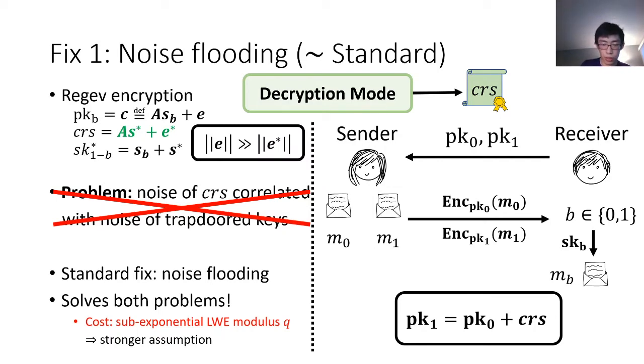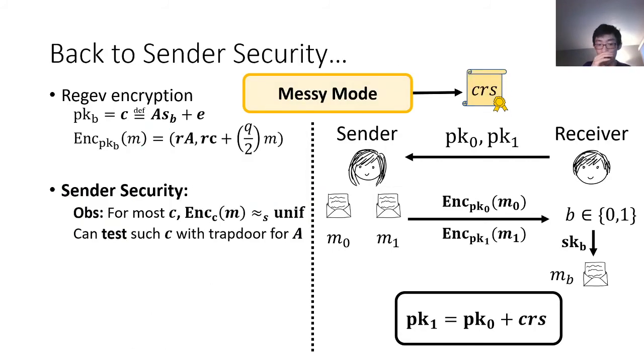Okay, so are we done? And there's a very annoying thing: we are actually not done, because of something that I swept under the rug earlier. The problem is in the messy mode. I claim that if we use noise flooding, we actually broke security in messy mode.